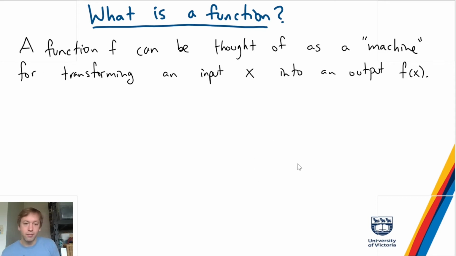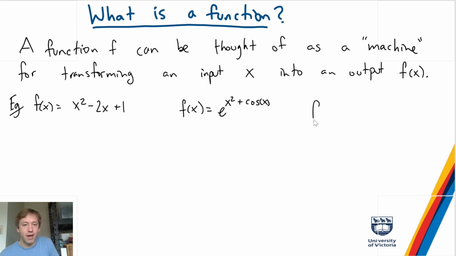So some of the types of functions you may be familiar with from high school are things like f of x equals x squared minus 2x plus 1, or f of x equals e to the x squared plus cosine of x, or even maybe f of x equals the logarithm of 1 plus x, maybe absolute value of 1 plus x.